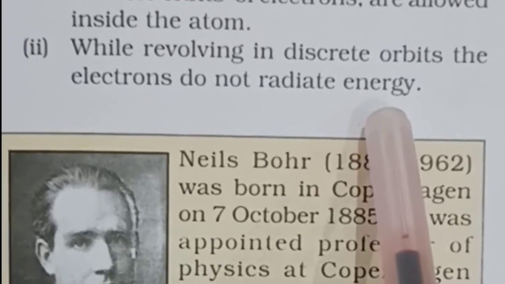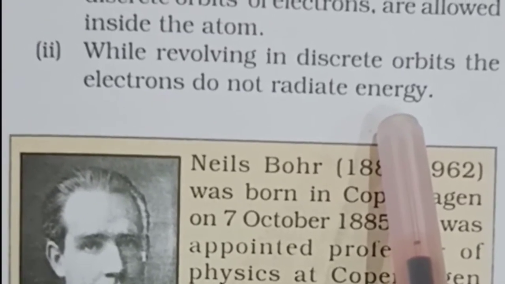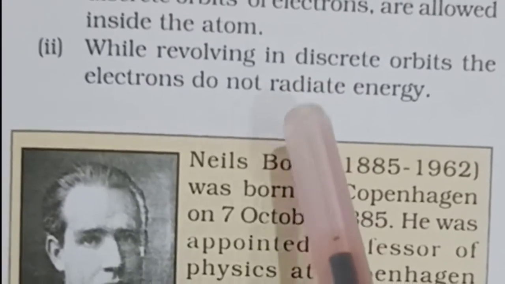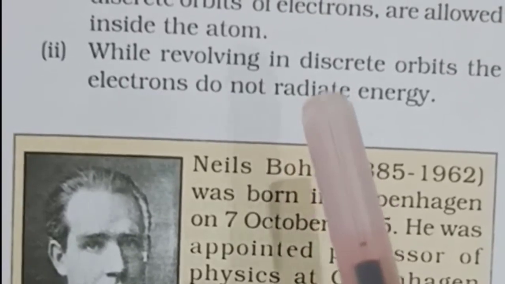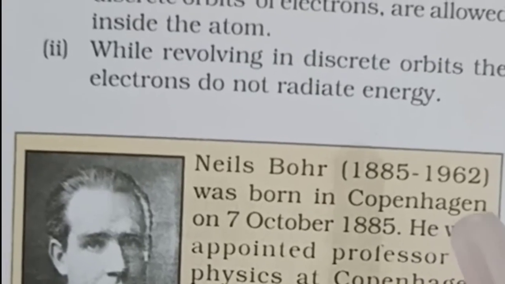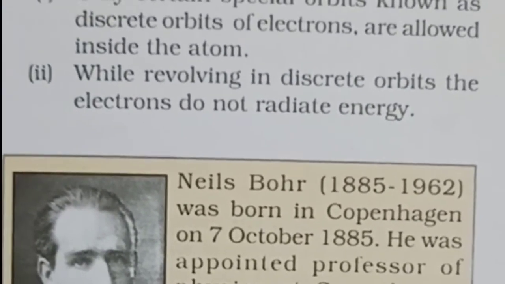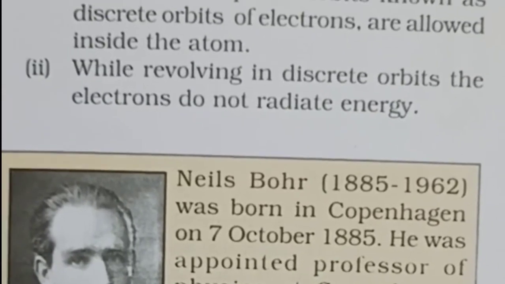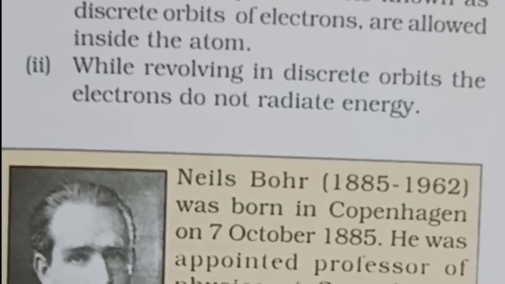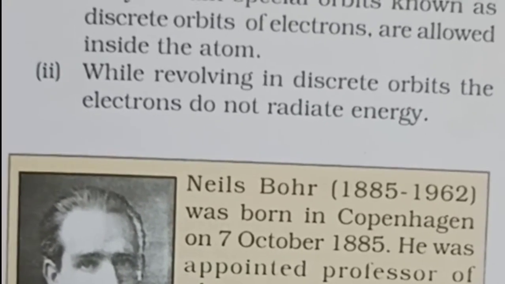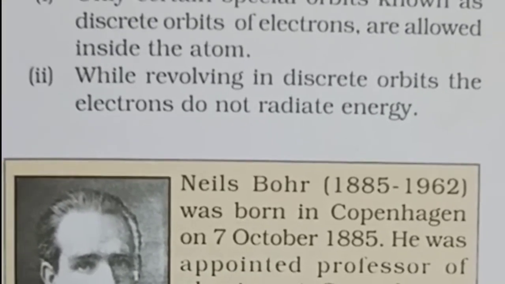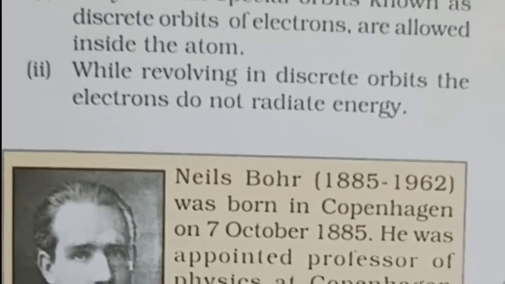He meant to say that when an electron is revolving in a particular orbit or particular energy level around the nucleus, it does not radiate energy, it does not lose energy, even though it has accelerated motion around the nucleus. And since the electrons do not lose energy while revolving in certain permitted orbits, they do not fall into the nucleus, and hence the atom remains stable.